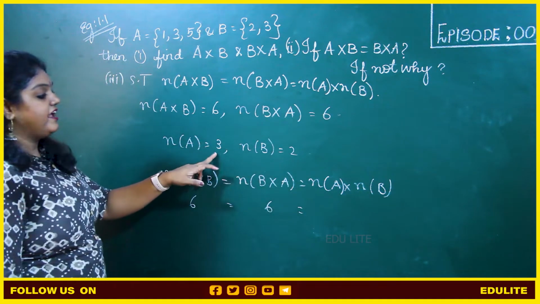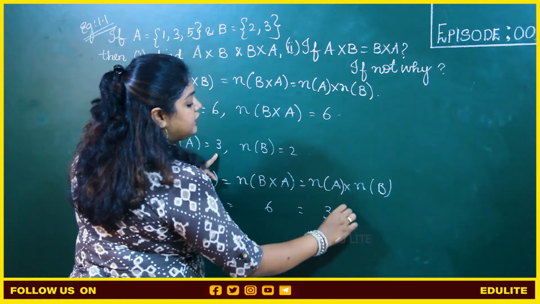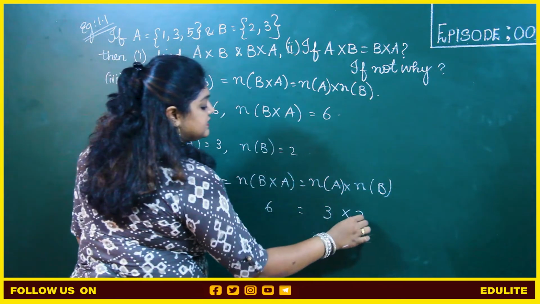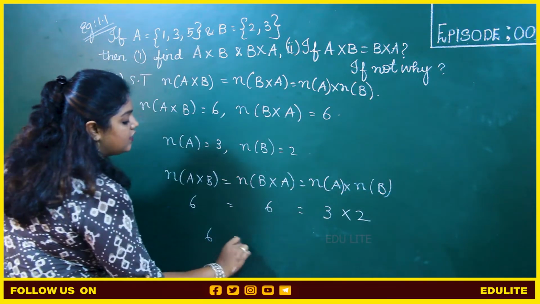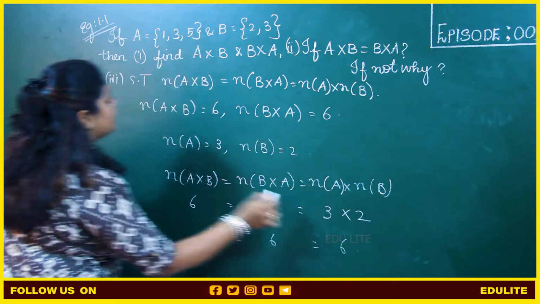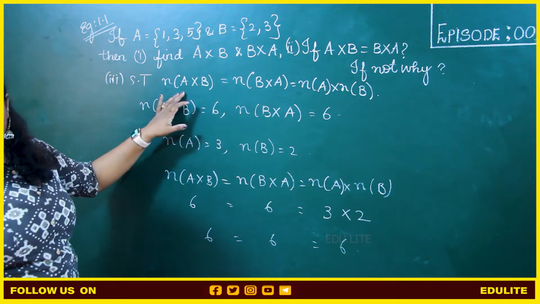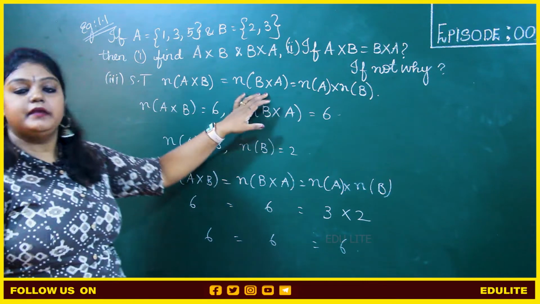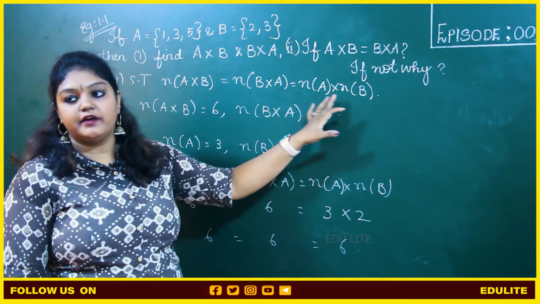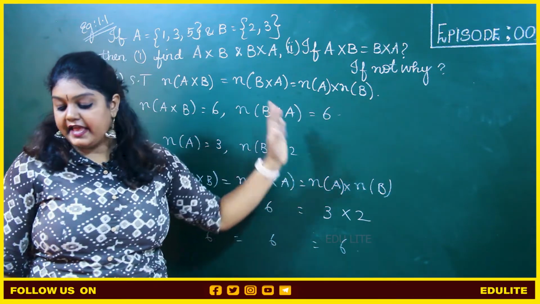Next, n of A is 3 times n of B is 2, which is also 6. So we have proved the third option: n of A cross B is 6, n of B cross A is also 6, and n of A times n of B is also 6, hence proven.